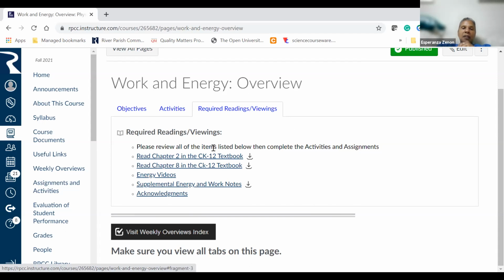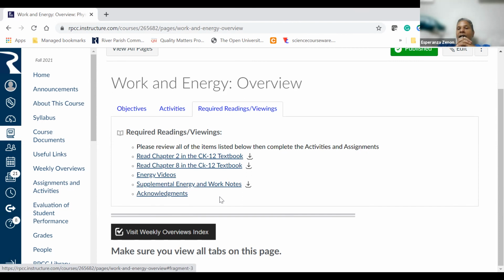All right, so the last item there, let me just clarify for you, because I had a student reach out to me asking about the acknowledgements. Why are those acknowledgements there? I thought I explained this in week number 1, but I'll explain it again just to be on the safe side. The acknowledgements are my bibliography.